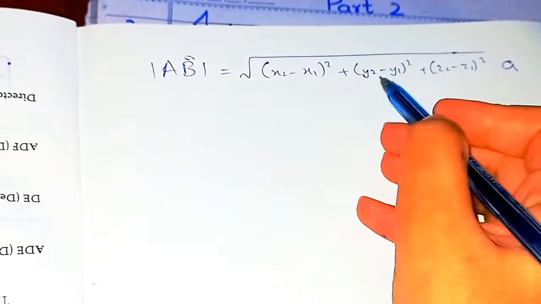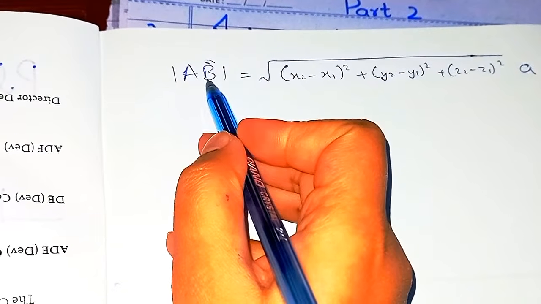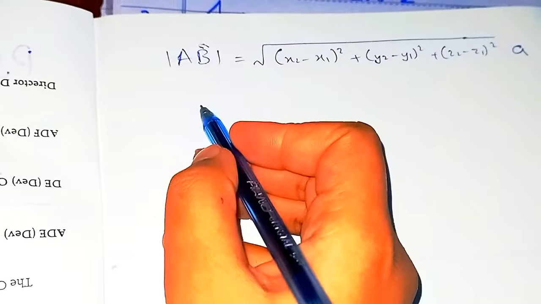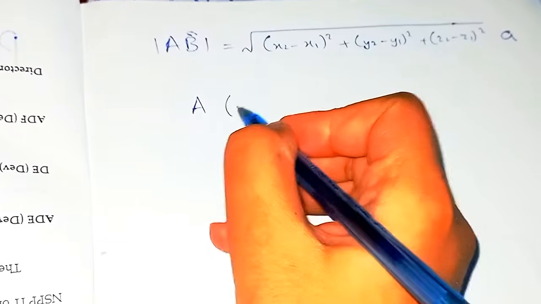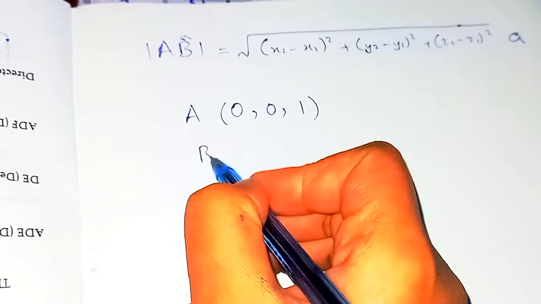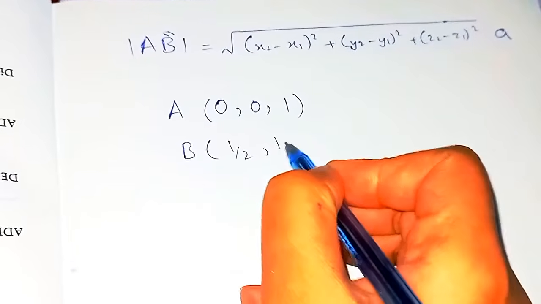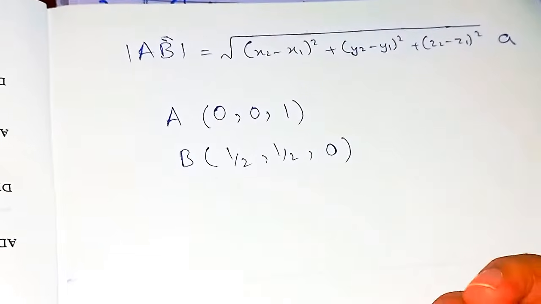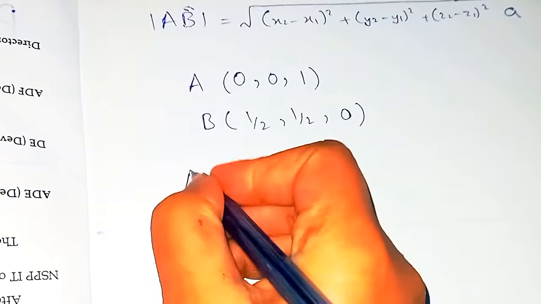Here x2, y2, and z2 are the B coordinates, and x1, y1, and z1 are the A coordinates. The A coordinates are 0, 0, and 1, and the B coordinates are 1/2, 1/2, and 0. Let's put the values in to get the height.